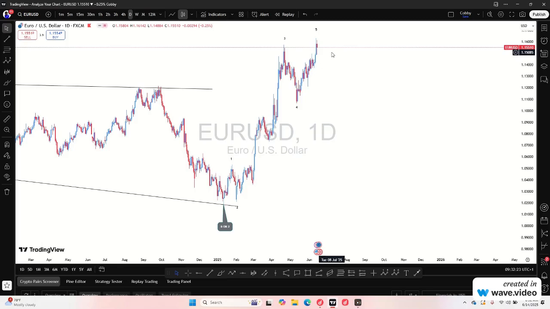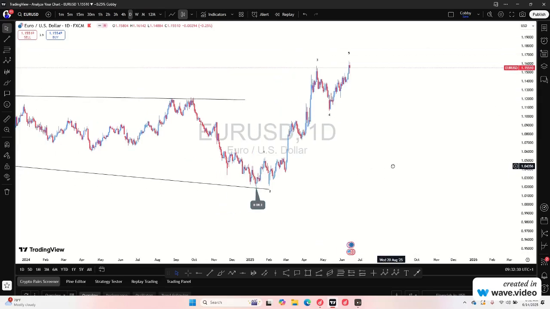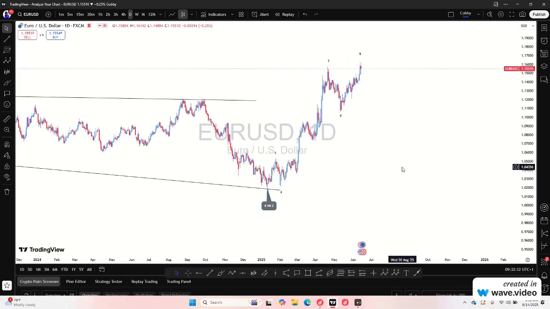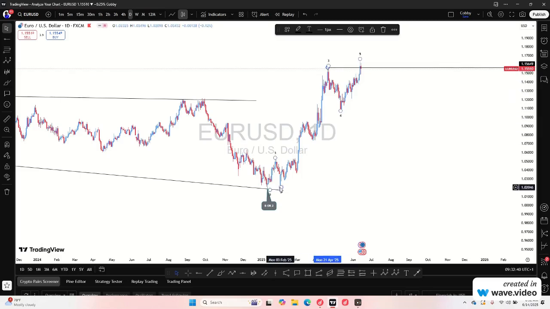So looking at the structure now on the daily time frame, this is what we are seeing on the market fractals. Over here we make sure we point out our high and our low. We are waiting and expecting how price is going to react.